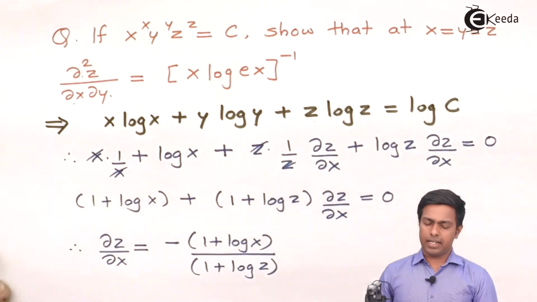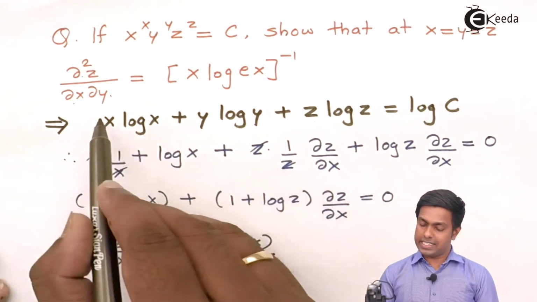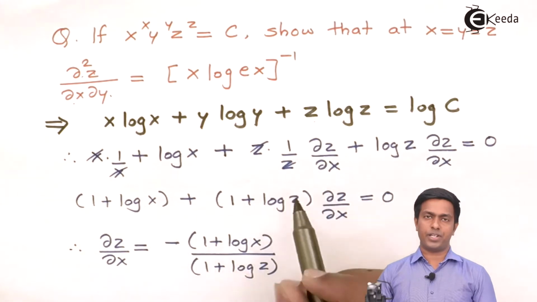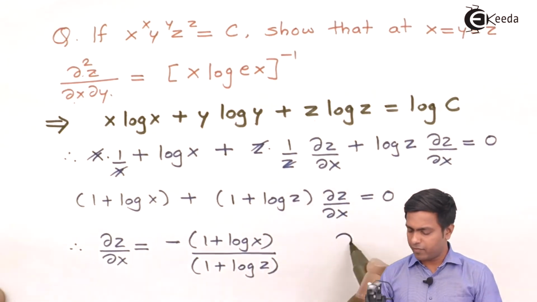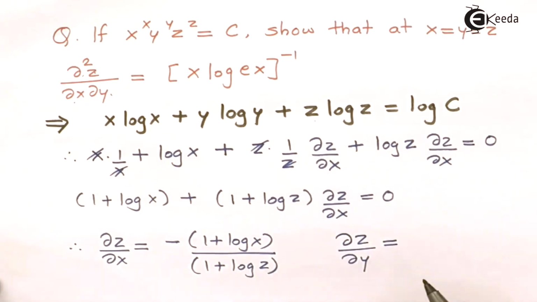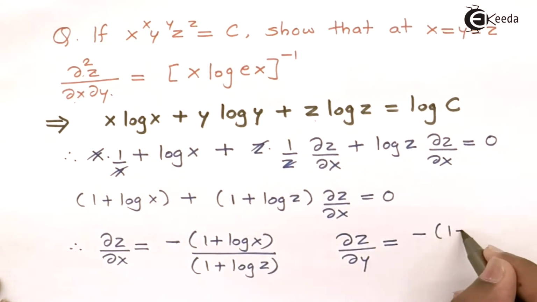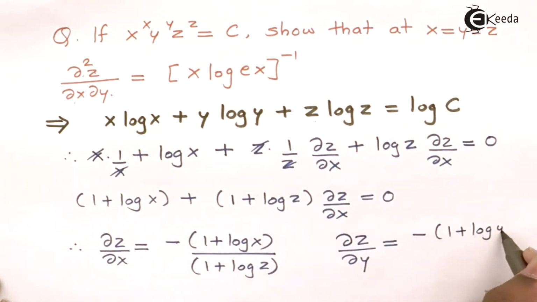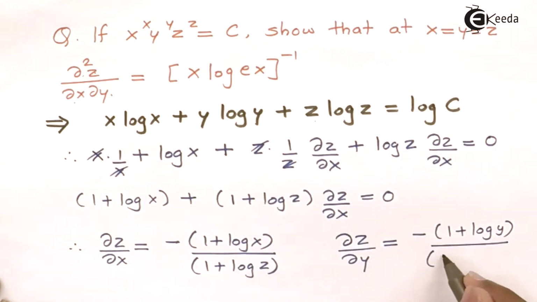Now similarly, I can differentiate this equation with respect to y partially, and that time we will get the value of del z by del y. So by looking at this result, we can easily say that the value will be negative (1 plus log of y) upon (1 plus log of z).